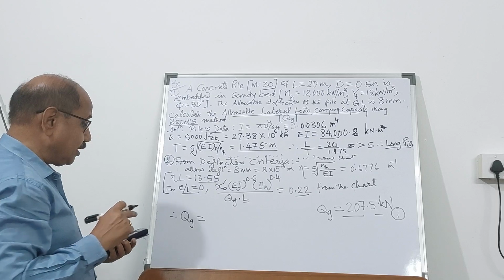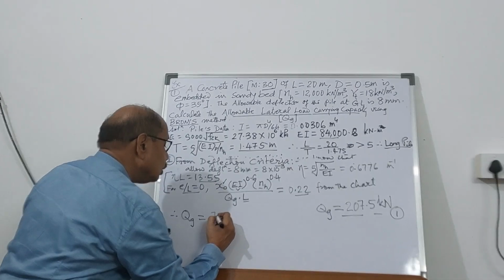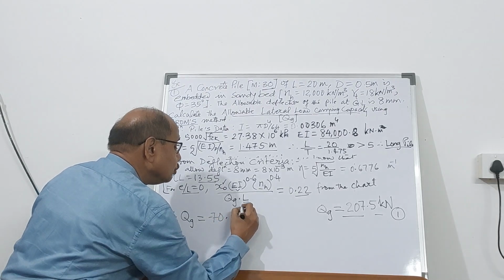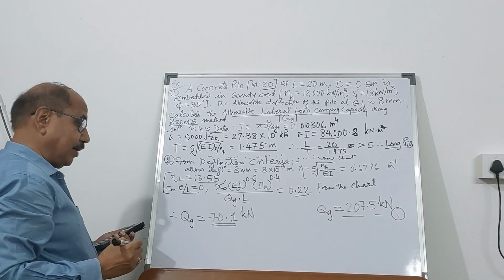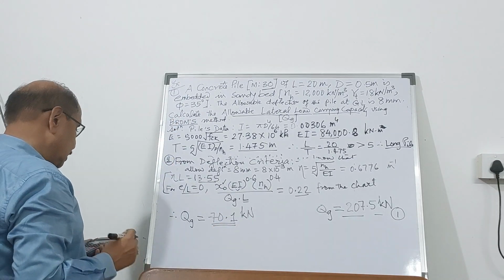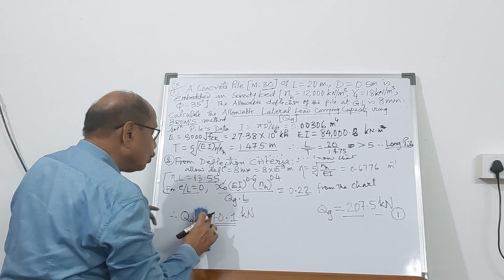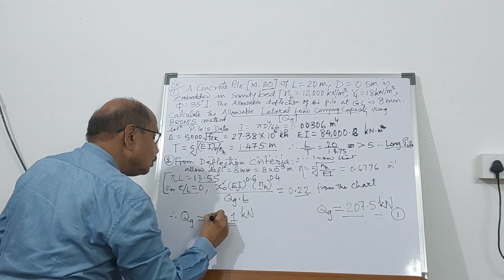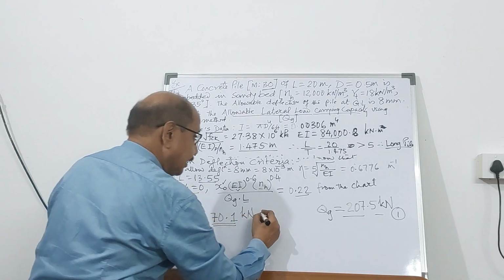This gives me the value of Qg equal to 70.1 kilonewton. So I am getting this value as 70 point this one. This is the second value.